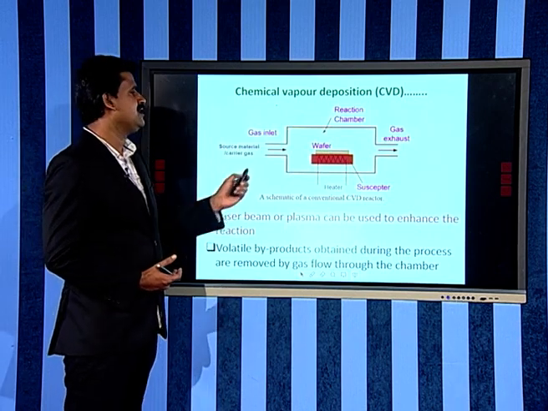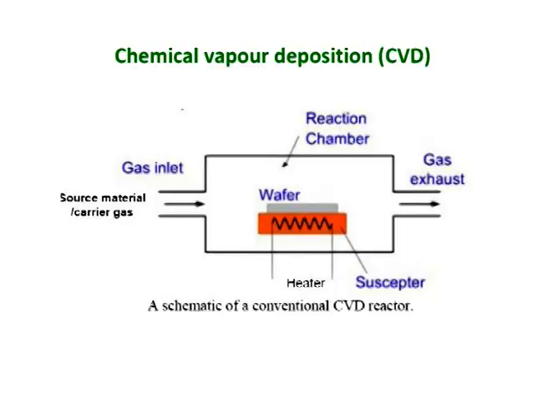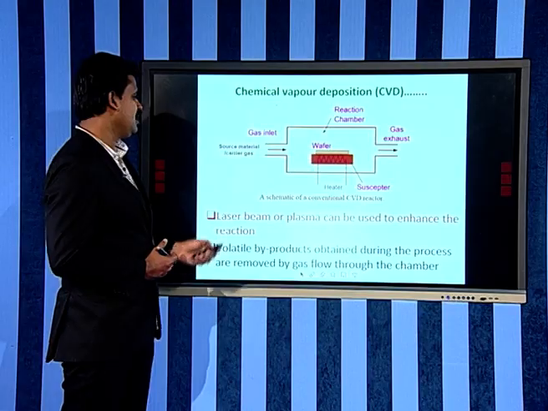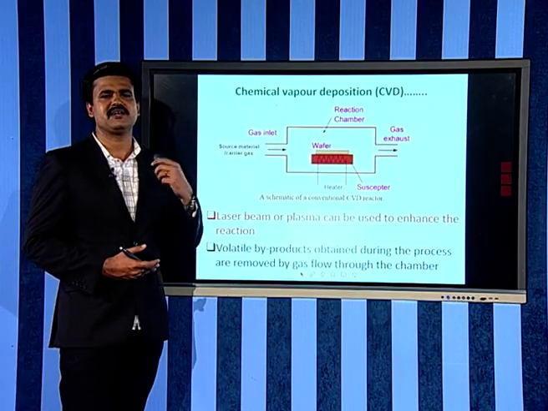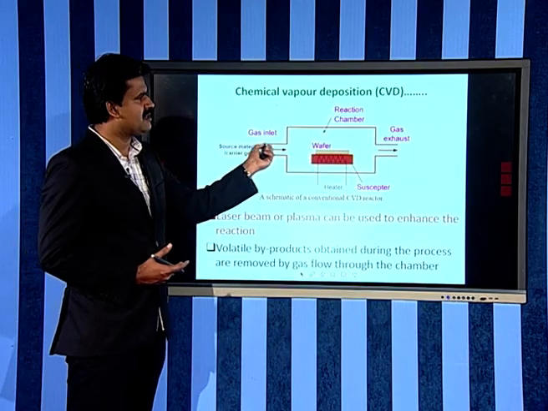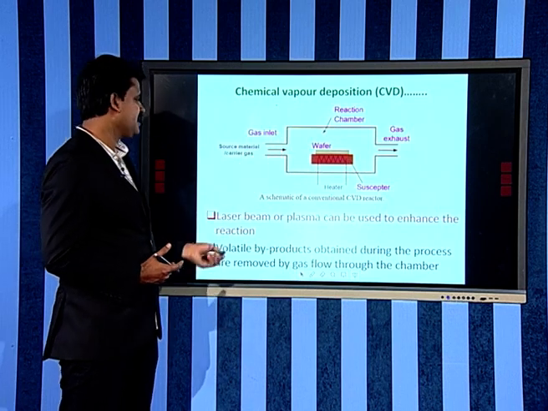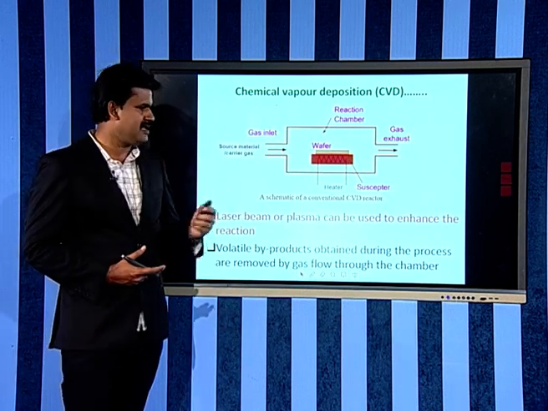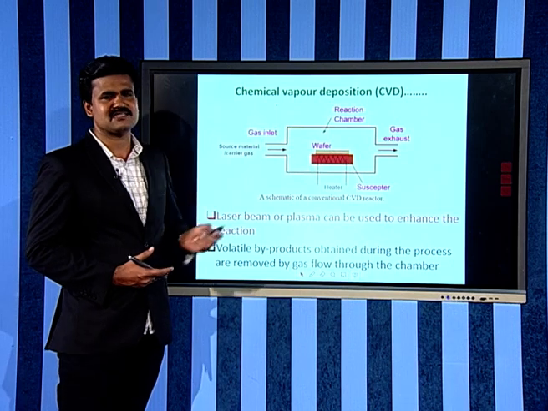A heater is there, which can set the temperature of the system. A laser beam or plasma can be used to enhance the reaction. Volatile byproducts obtained during the process can be removed by flowing gas through the chamber.